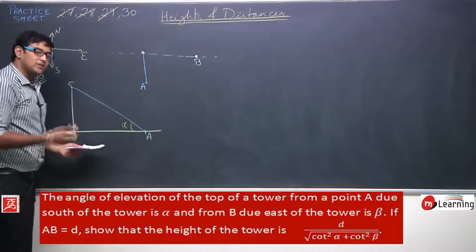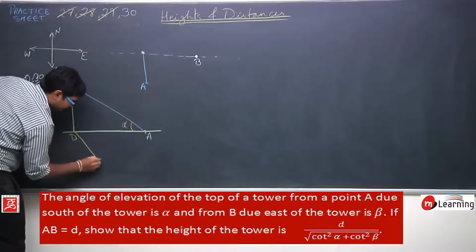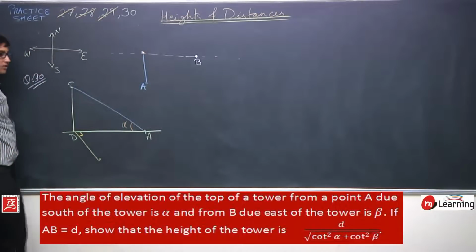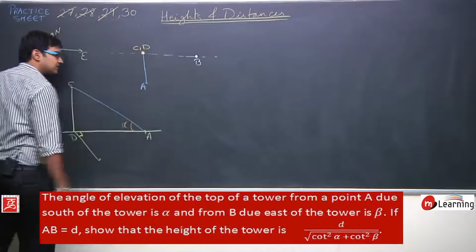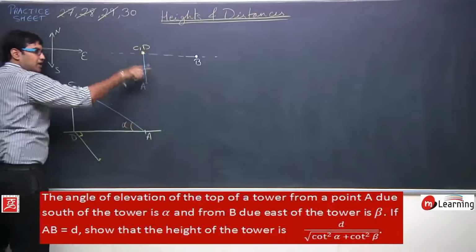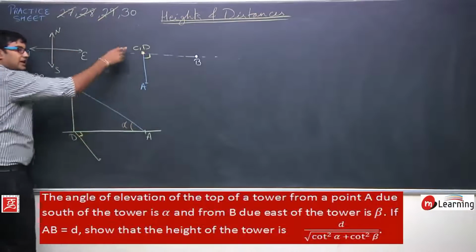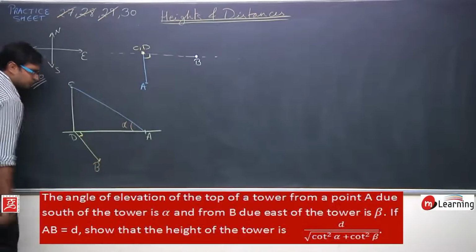That's why, to draw point B, let us mark point B somewhere here, where this angle is 90 degrees. You can see this is the tower CD, this is A and this is B. So the angle between AD and BD is 90 degrees. So this is the point B.